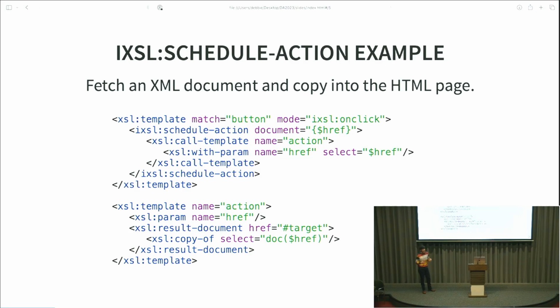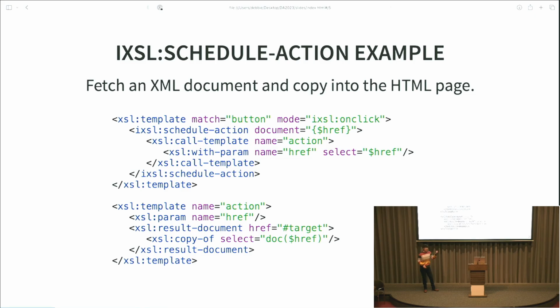And then the contained call template inside that defines the deferred action when your document has been fetched asynchronously, then you will go and do what the call template is. So here we call the action template, and in that one, once your document has been fetched, if it has been fetched successfully, we will put it in a document pool cache.